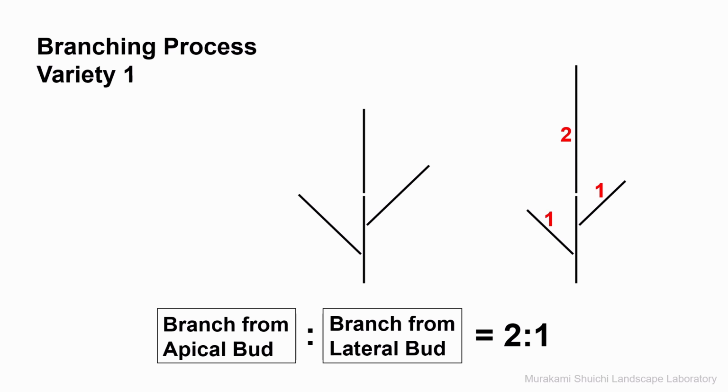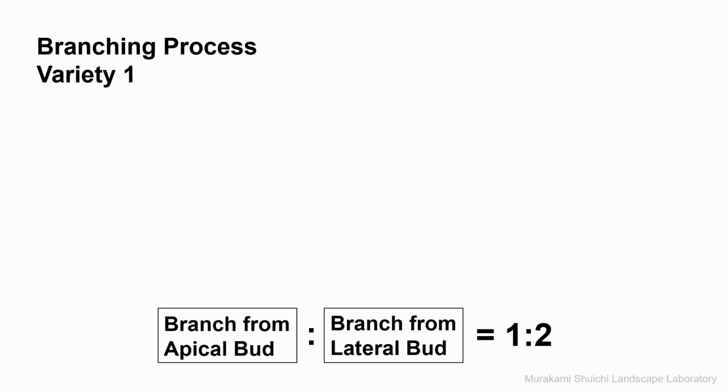As you see in the diagram on the right, the tree form becomes taller with less horizontal spread. If you like, try drawing several rounds of branching at a 2:1 ratio. The tree will stretch upward quickly while spreading only modestly to the sides. Next, imagine the opposite case. The branch from the lateral bud grows twice as long as the one from the apical bud, a 1:2 ratio.